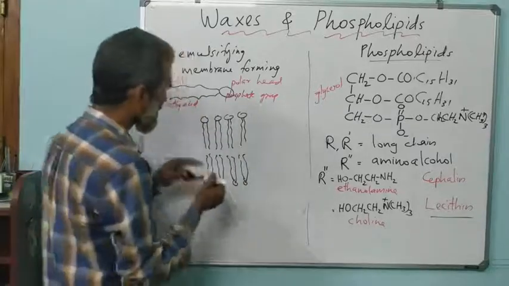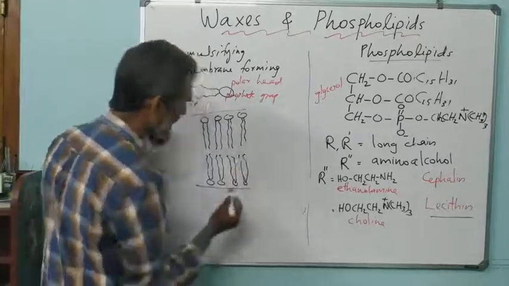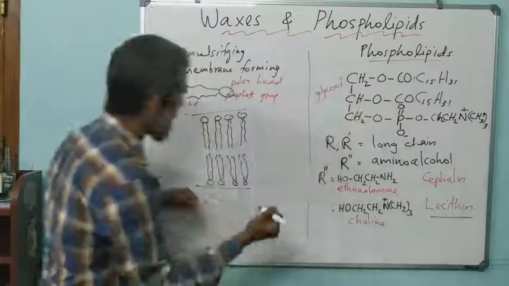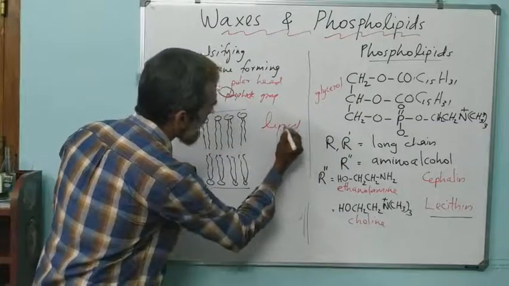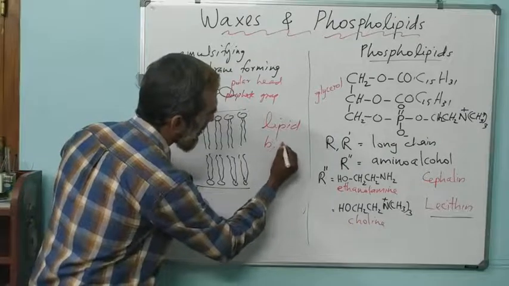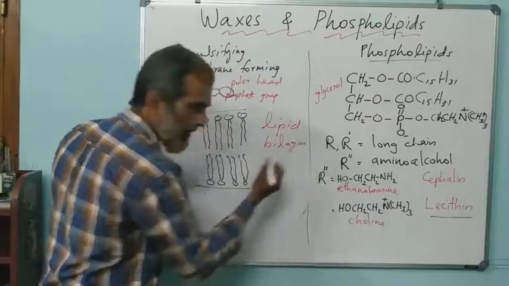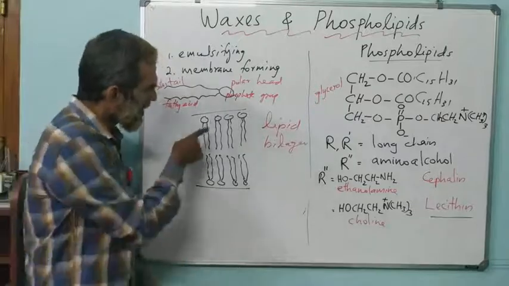So this is the cell wall. The cell wall is actually having what is known as a lipid bilayer. It's of two layers, bilayer. See? So how is it formed?